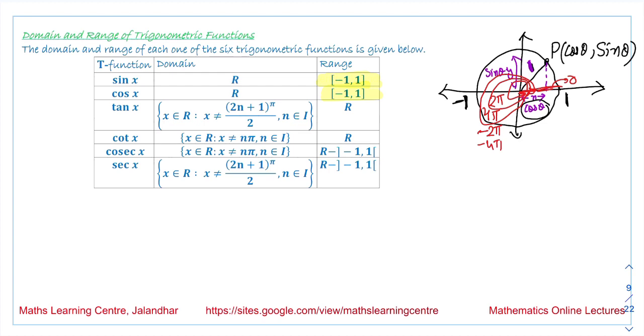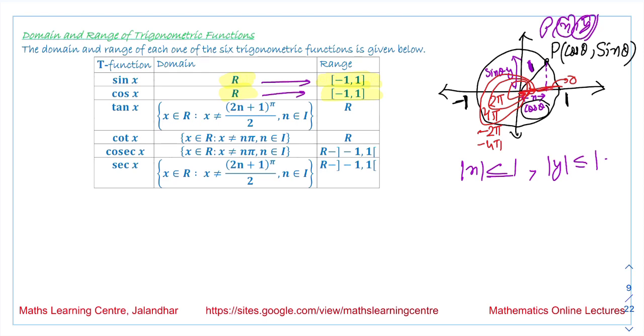So the domain of the function sin x is R, the domain of the function cos x is R, and the range in both cases is minus 1 to 1, because for this point P(x, y), mod of x is less than or equal to 1, and mod of y is also less than or equal to 1.